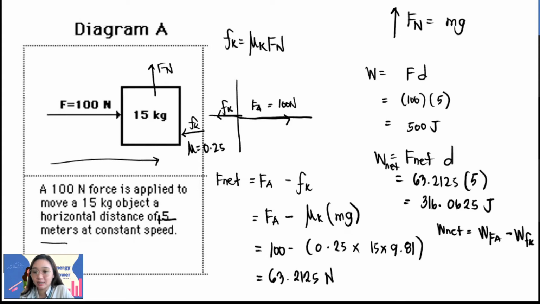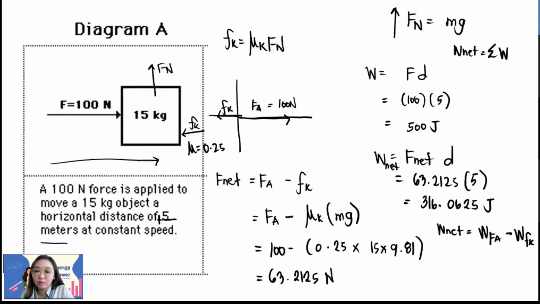Minus ko na siya ha, kasi opposite in direction. Okay? It is also equal to this equation. Okay? Kasi di ba net work is the summation of all works done by the forces.